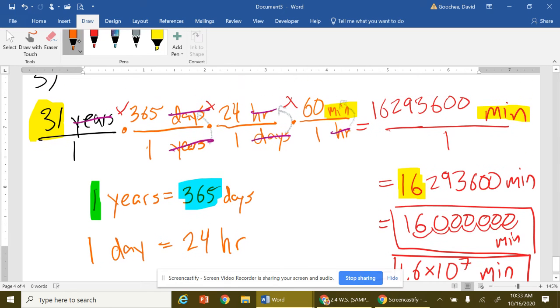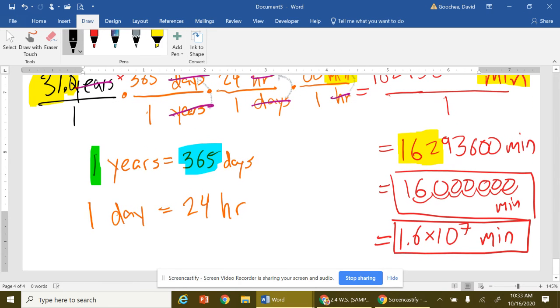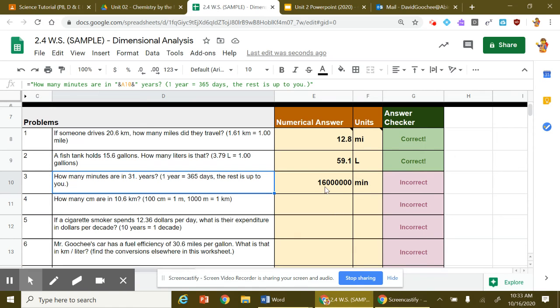If this had been what I think it was intended to be, 31.0 years, then you would get to keep 3 significant figures, in which case it would be, let's see if that works. Let's see if that works.